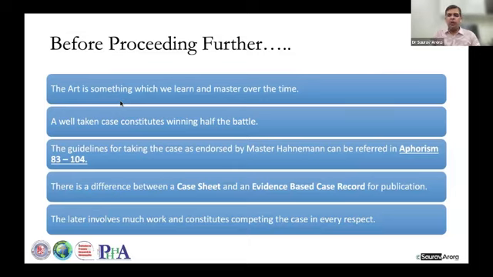For example, how to read and interpret an ECG, how to interpret a USG. We have advised the USG before and after, there are certain changes, and we need to know how to present those changes. So an evidence-based case record is different from the case sheet. The latter involves much more work and constitutes completing the case in every respect.